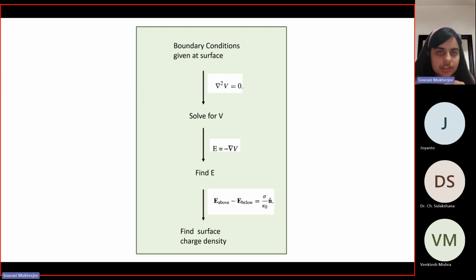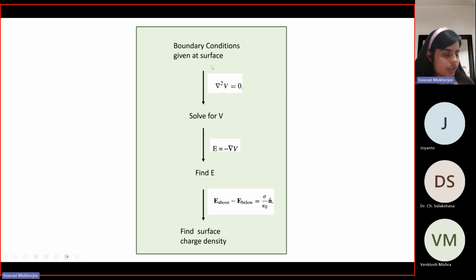So in general, if I have to sum up what we discussed till now, in this kind of questions where you are asked to find the potential in the region where the boundary conditions of the surface are given, we have to use the Laplace equation. Obviously, it's important to know that in the region of interest, there should not be any charge, right?